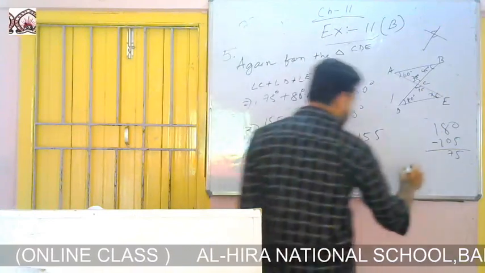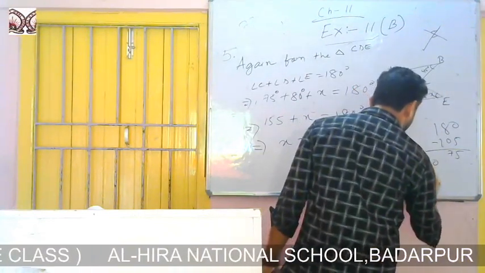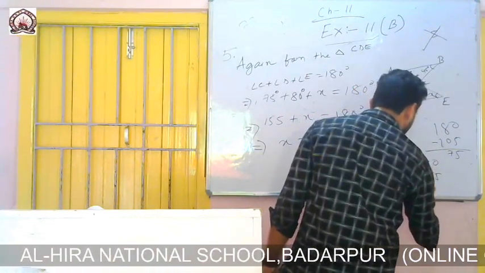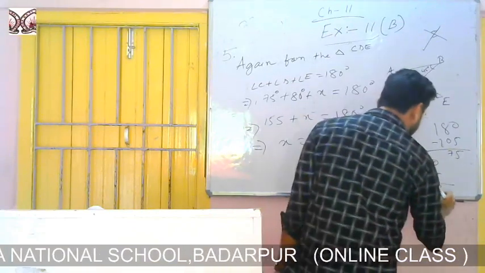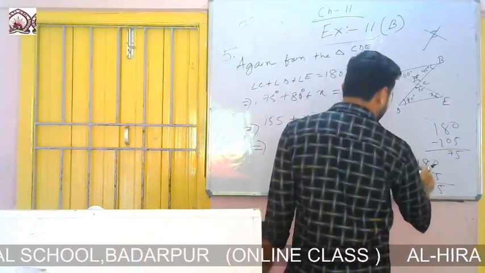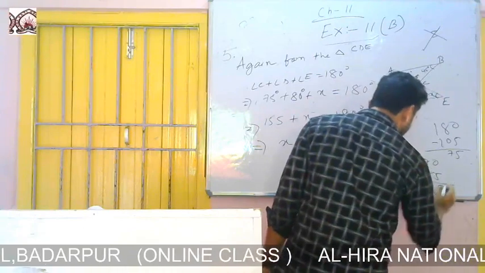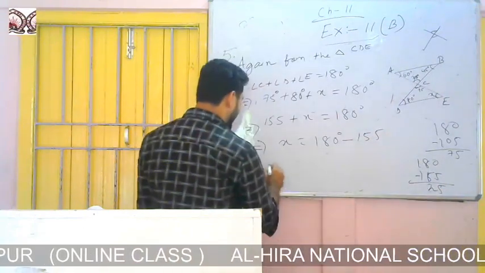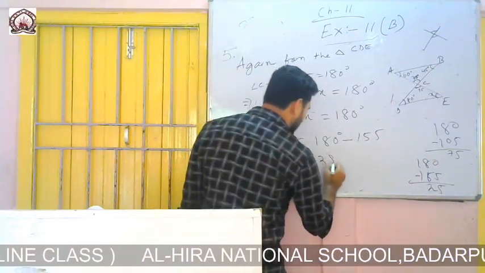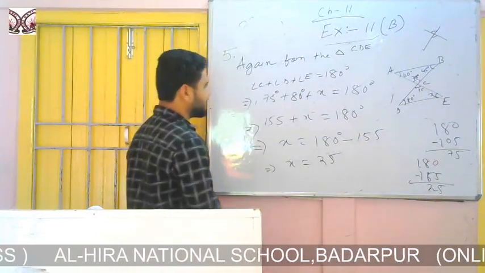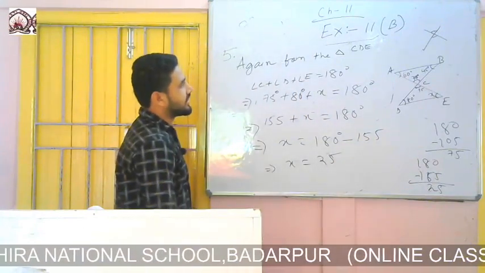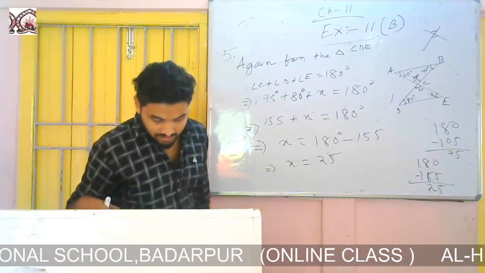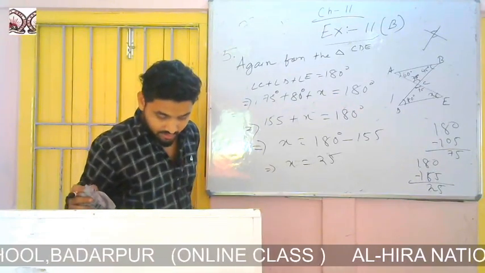Now if I subtract, then I will get the answer. Okay. 155 degree, if I subtract, then I will get the answer. You write 5 here. Here you will get what? 7. 7 minus 5 equals to 2. That is 25. X equals to what? 25. Okay. So that is the measure of the angle X.